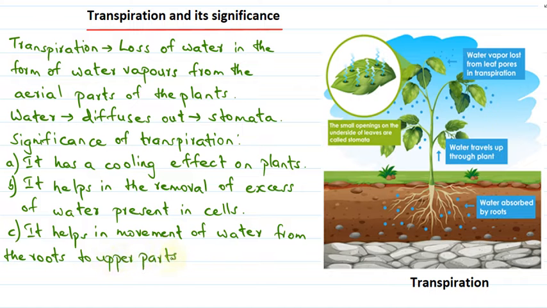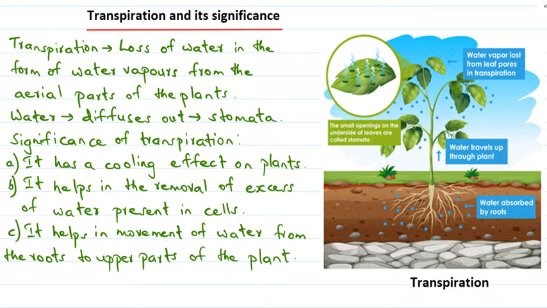So this movement of water is facilitated by the process of transpiration. Water loss due to transpiration results in lower concentration of water in leaf tissues, and this further results in the movement of water from the roots to the leaves.